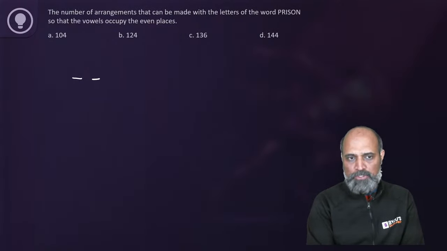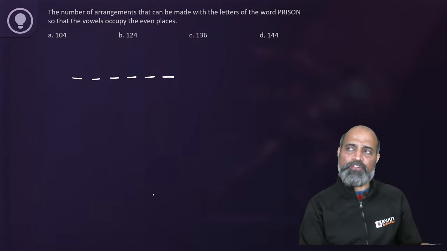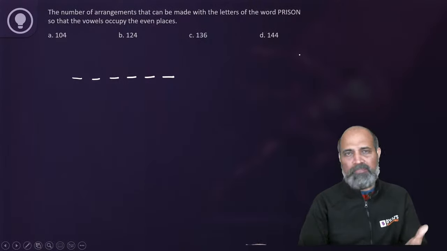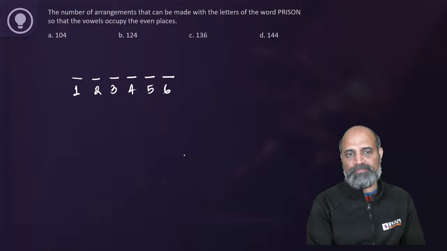We have 6 positions, right? 1, 2, 3, 4, 5, 6. Again, should we count the places from left or from the right? Doesn't matter. Same चीज है, mirror image बनेगा, right? So if I count the positions from here, तो 2, 4, 6.